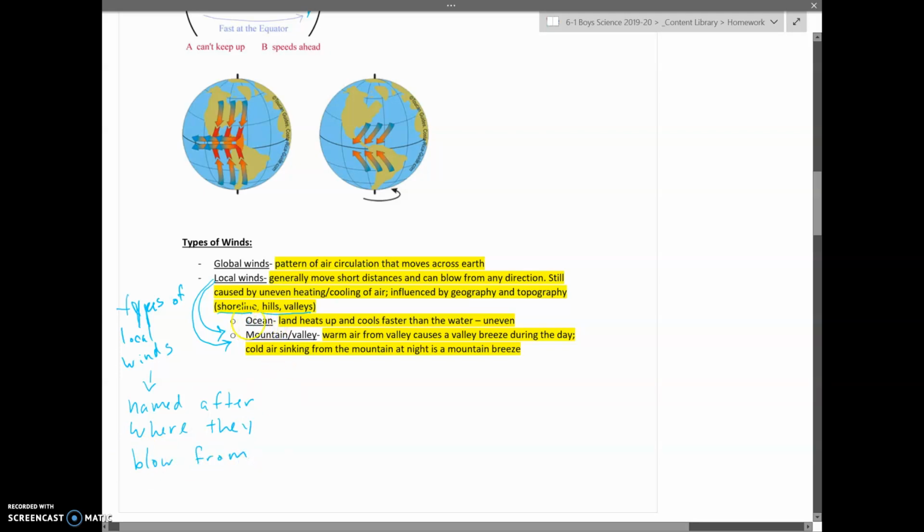So an ocean local wind is air that comes from the ocean. A mountain local wind is air that comes from the mountain. A valley local wind is air that comes from the valley or the bottom of the mountain.